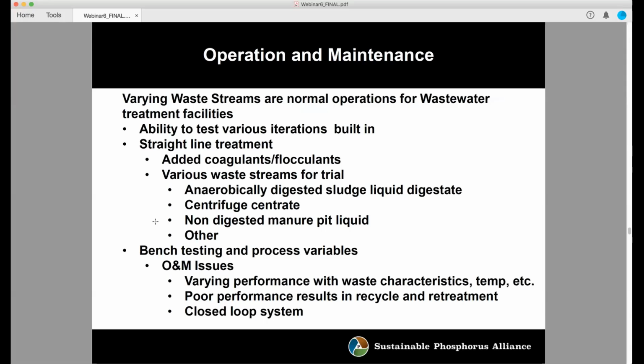All these streams can be treated with the particle descaling technology and the membrane filtration. And if needed, there is an option to add coagulants and flocculants. But again, the research that comes out of this work in the next few months will inform what modifications we need to make to recover phosphorus. We are aware of uncertainties, like varying performance depending on the feed water conditions, and we will keep these in consideration while performing this work.